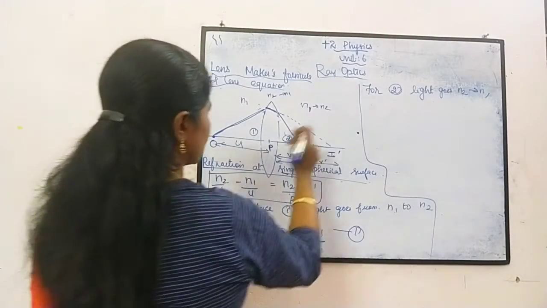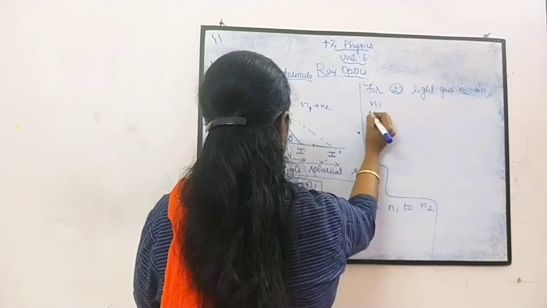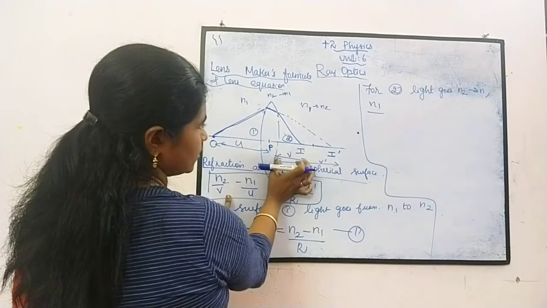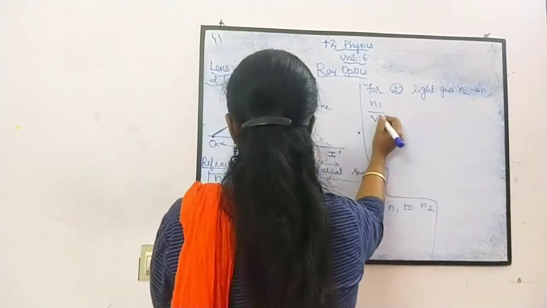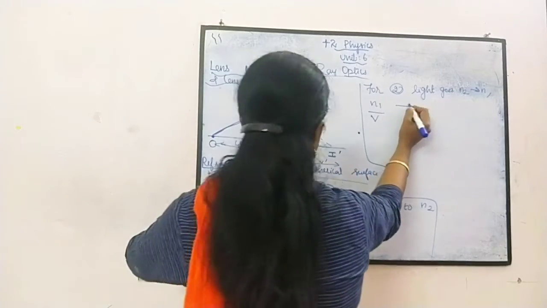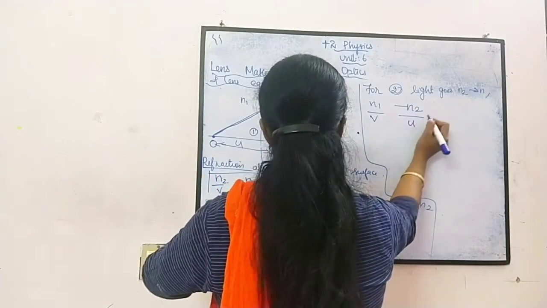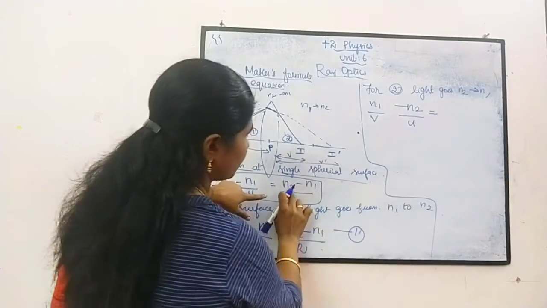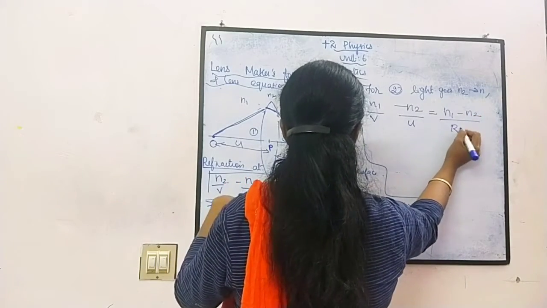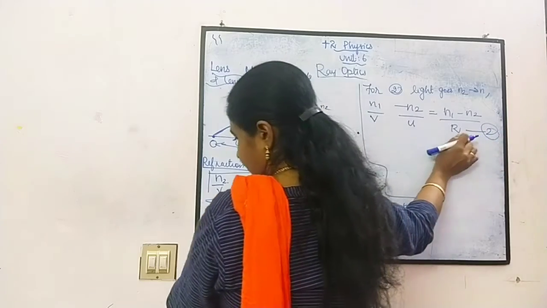Substitute here: n1 by v, since the image distance is v, minus n2 by object distance u, equal to n1 minus n2 by r. Take this as equation 2.